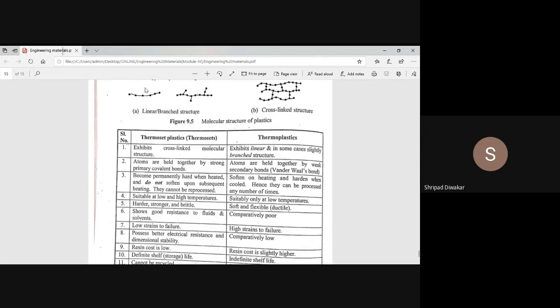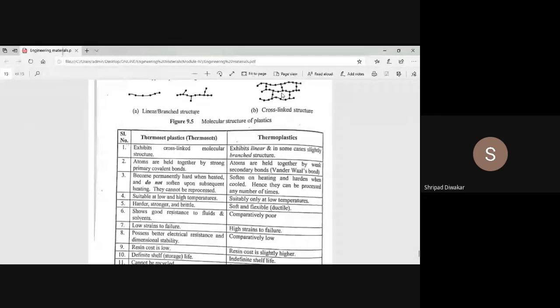The fourth difference is temperature suitability: thermoset plastics are suitable for higher as well as lower temperatures, but thermoplastics are suitable only for lower temperatures.